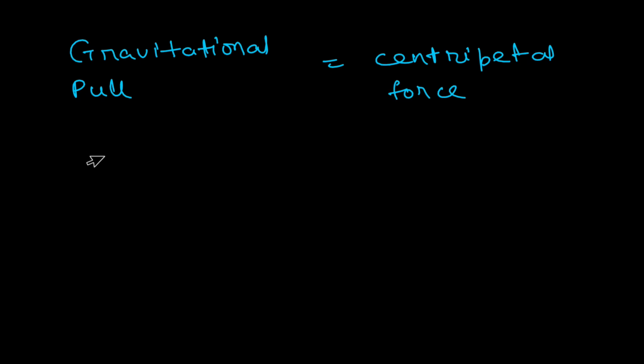Now gravitational pull is equal to G into mass of Sun into mass of planet upon the distance between Sun and planet, is equal to mass of planet into radius of orbit into the square of angular velocity.